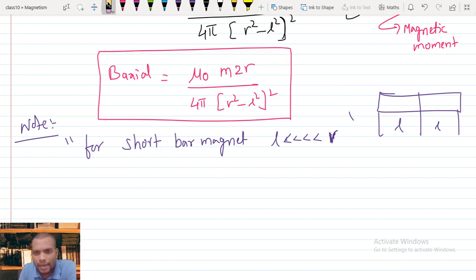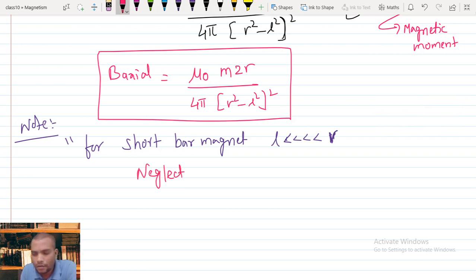Now you can drop l in the denominator and write the remaining expression. So in this case, neglect l in the denominator.